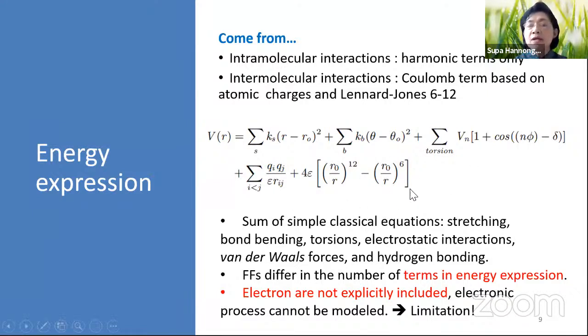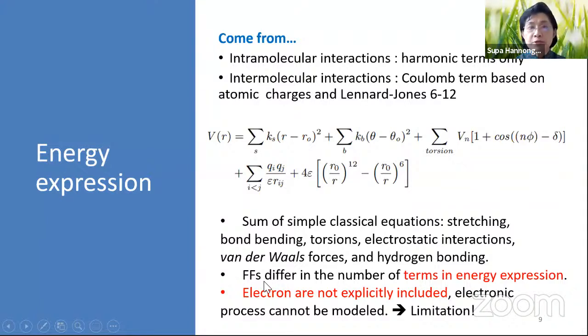The quality of molecular mechanics is based on the last term because the first 3 terms are really fixed, okay? And the charges of the atoms are also fixed, but for the intermolecular interaction, the last term, we can do a lot to improve the quality of the force field. So force fields will differ.